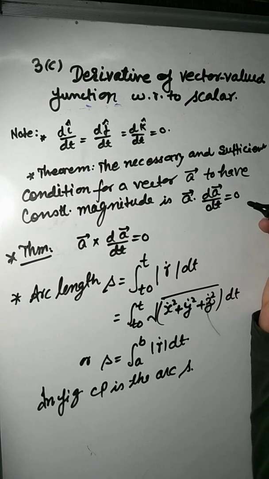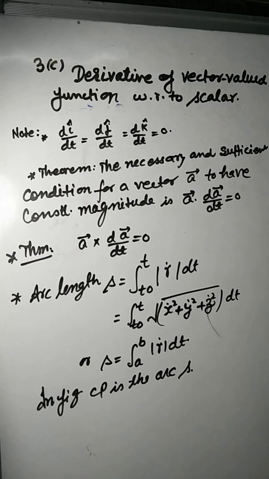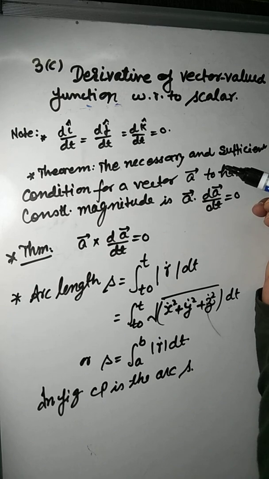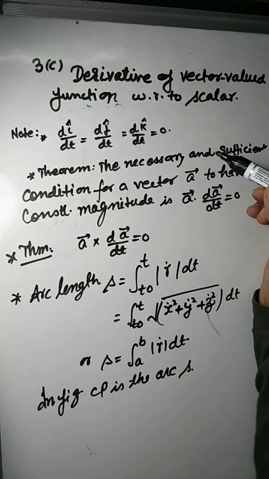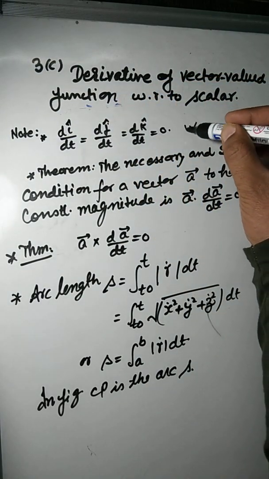Also we have the derivative of a constant, because unit vectors i, j, k cap are unit vectors and these are constant vectors. So the derivative of i, j, k is 0.